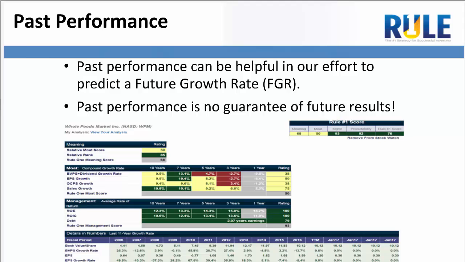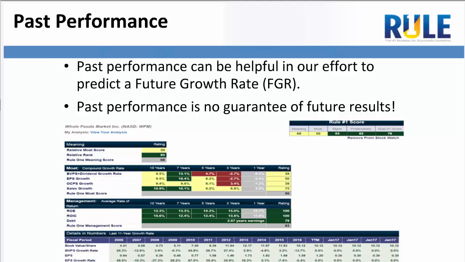Is it going to be one of the winners of the organic food revolution that's been going on for a while? So we have this tool, this page that we call our Rule 1 Numbers page, and we do the work for you, figuring out the growth rates and the return rates for these different companies in their past.